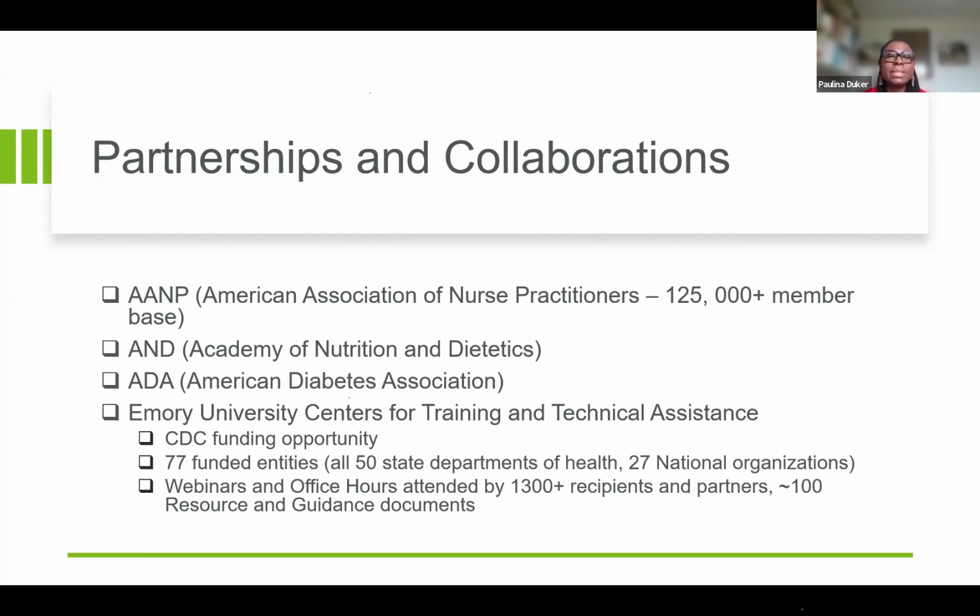So all of these funded entities are partnering with community-based organizations, with health systems, with rural health clinics, and so on, to increase access to diabetes services, both starting from prevention across the spectrum to diabetes complications prevention. And we make sure that they have all of the resources and the technical assistance they need to make sure that this is happening at the local level.